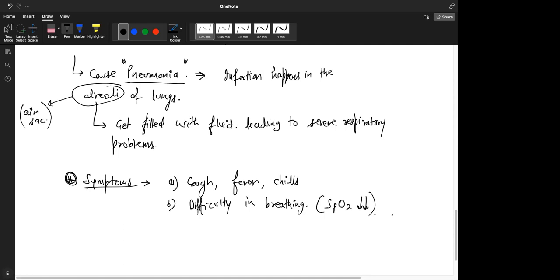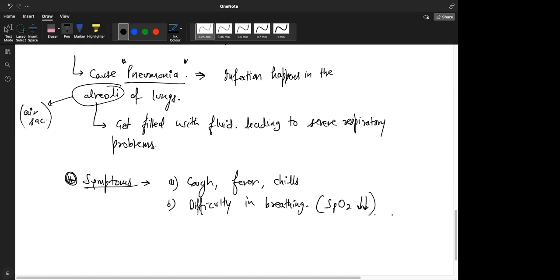What matters is the saturation of oxygen in our body. Suppose in 1 liter of your blood, you have 10 million oxygen carrying sites. If all 10 million sites are bound to oxygen, your SpO2 level will be 100%. You understand?